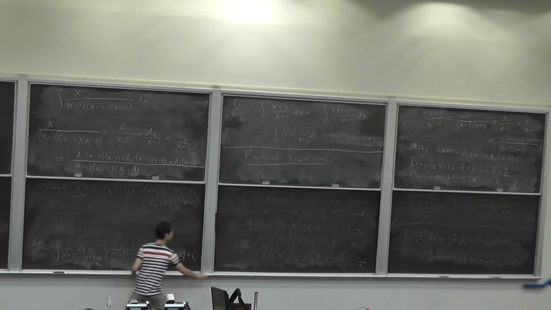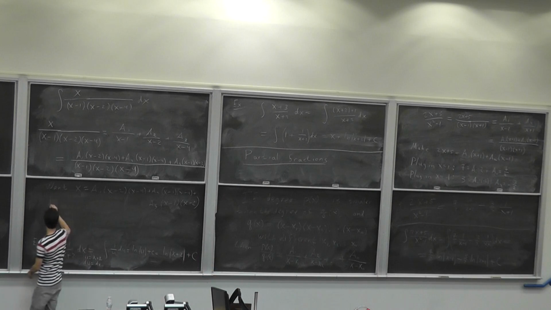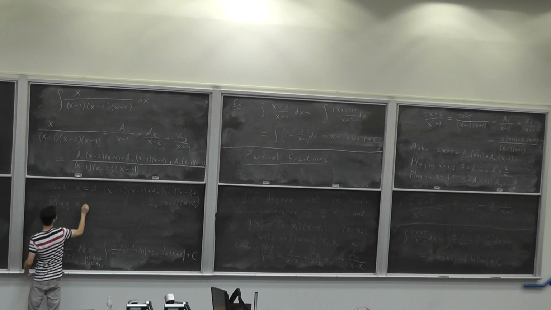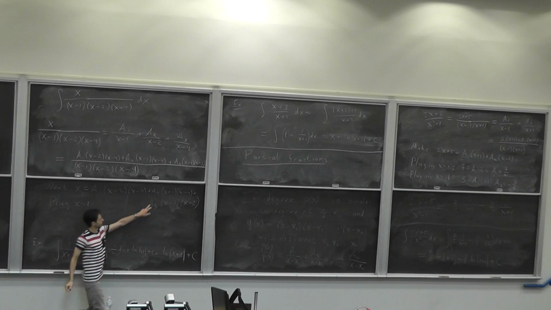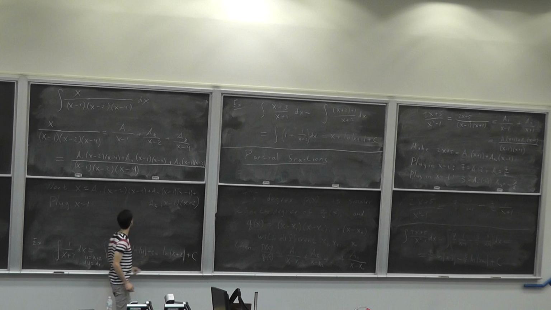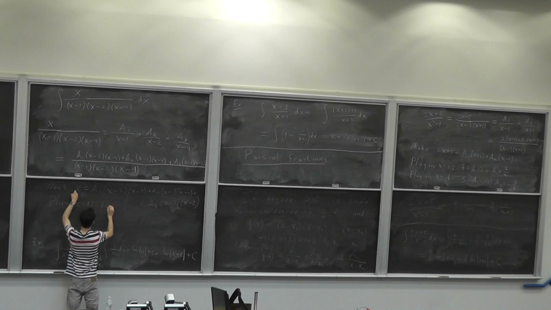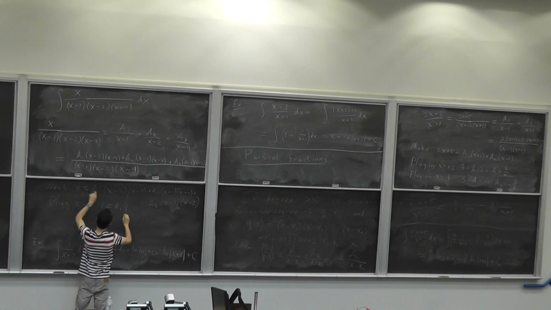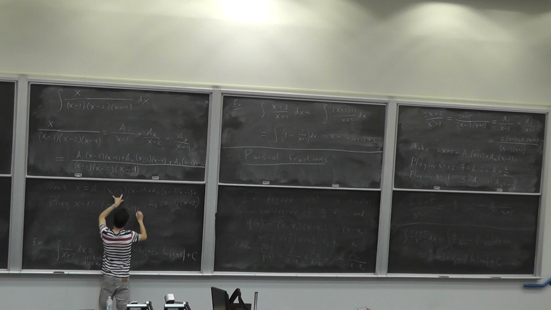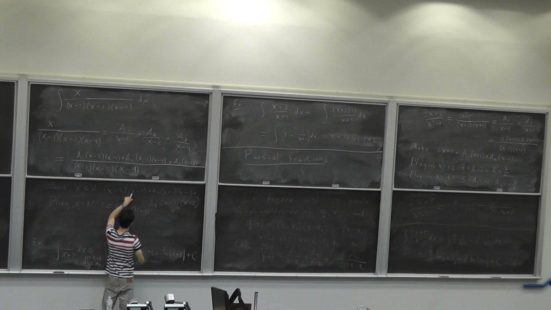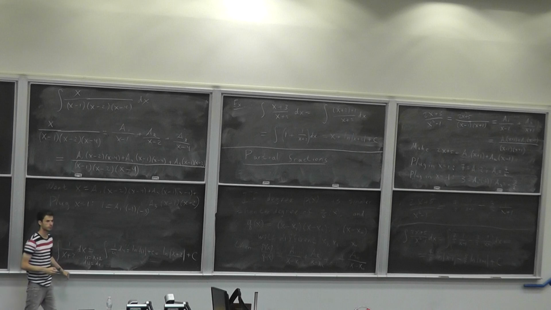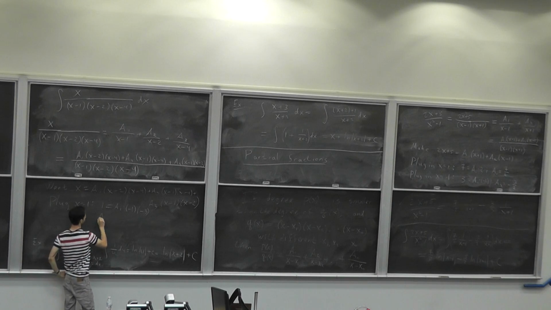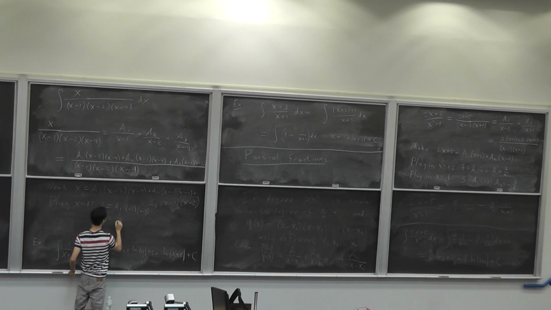So if x is equal to 1, then this becomes 0, this becomes 0, so we're left with 1 is equal to A1 times minus 1 times minus 3. So A1 is 1 third.